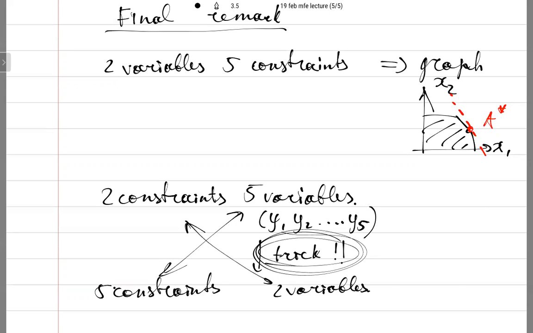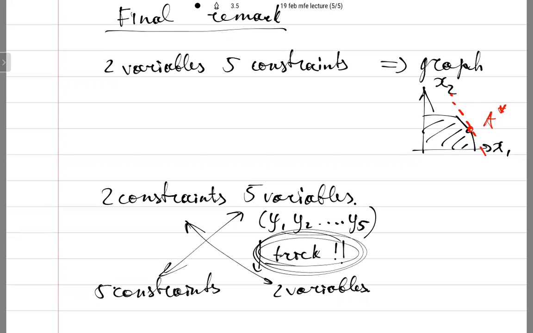Excuse me, is it always possible? Because here the constants were good, but is it always possible? Yeah, it's always possible, in the linear case at least, or approximately in the non-linear case, to switch the number of equations and variables.